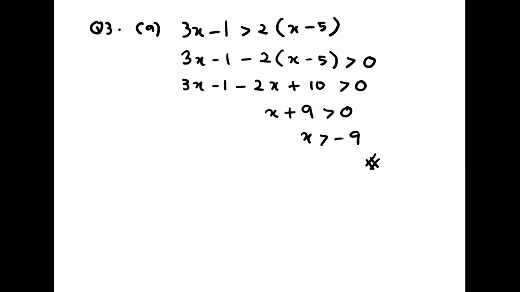So actually you need to read the question. They ask you to write down the answer in interval form. So basically this is not in the form of interval form. So you need to write down the final answer. Therefore the answer will be in bracket negative 9 to infinity.